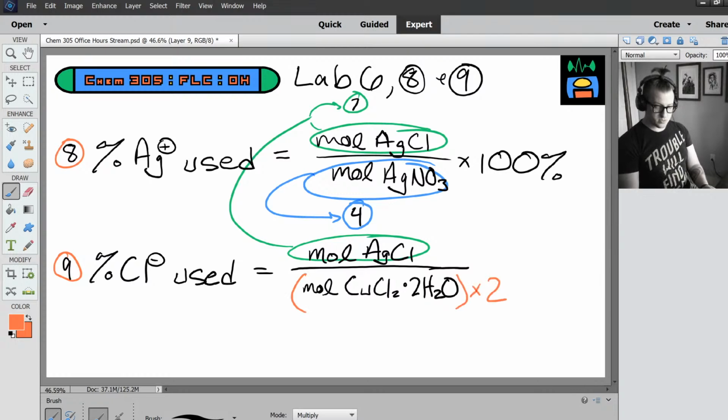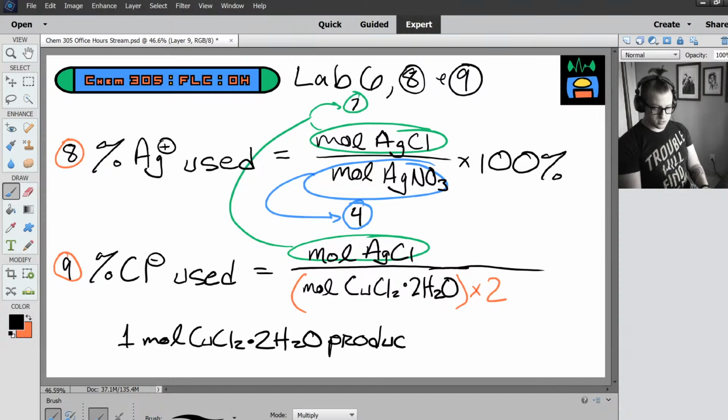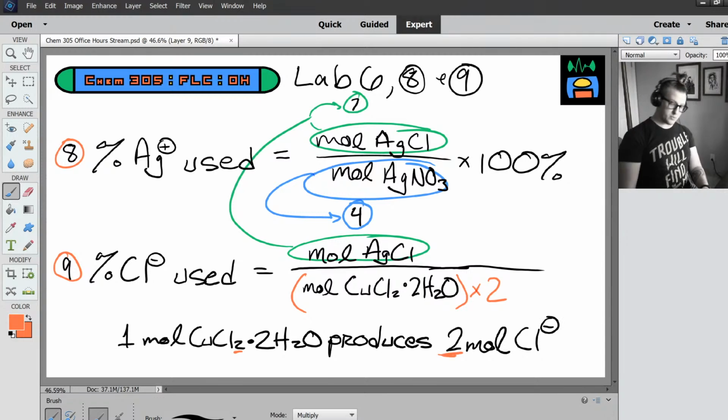times 2. All right, and the reason why we need to multiply this times 2 is that 1 mole of copper chloride dihydrate produces 2 moles of chloride anions, and that 2 comes from that part of the chemical equation.